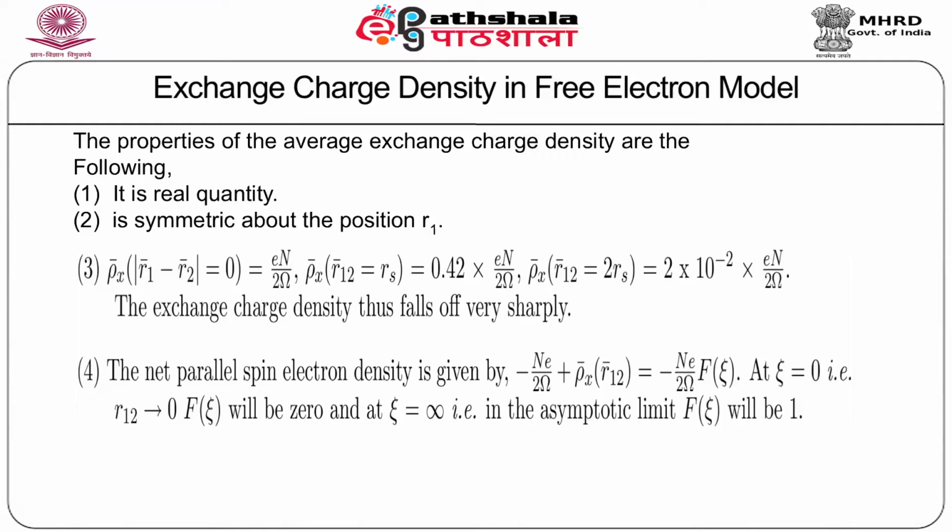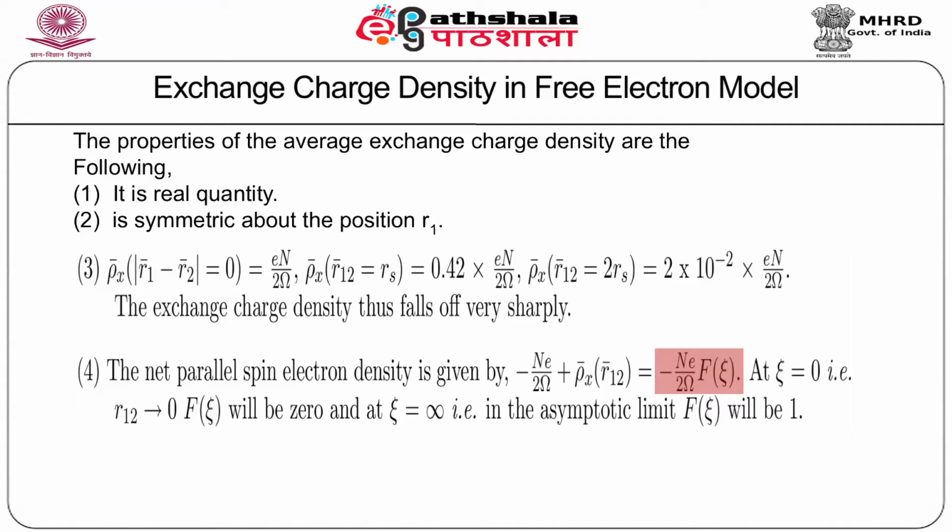The net parallel electron density is given by the contribution from this uniform background, which is minus Ne divided by 2 omega, plus the contribution from the exchange, which depends on this separation between R1 and R2, that's R12. So one can write it as minus Ne divided by 2 omega times f, which is a function of xi.